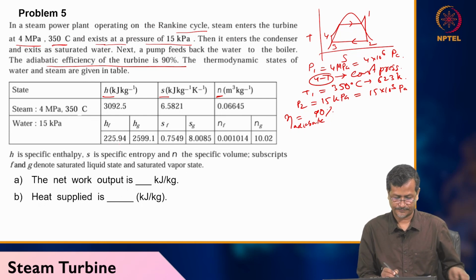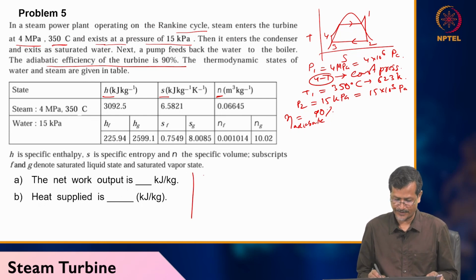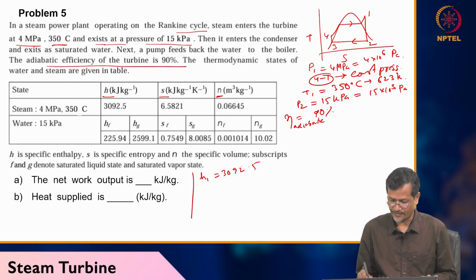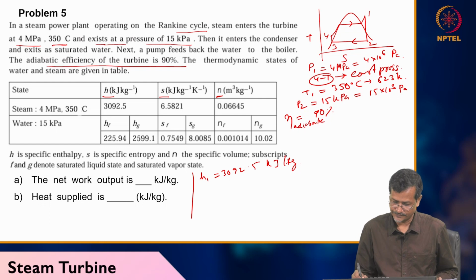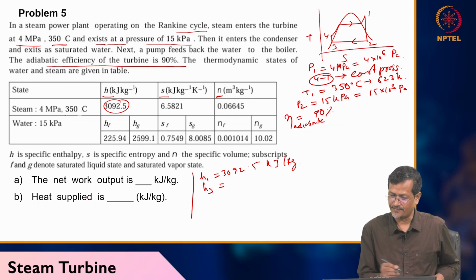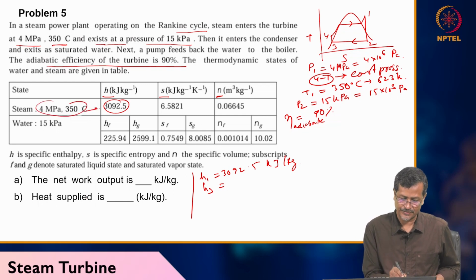Okay, so from this steam table you are getting H1 equals 3092.5 kJ per kg. Because you see 4 MPa and 350 degrees centigrade is there, you are getting this one.